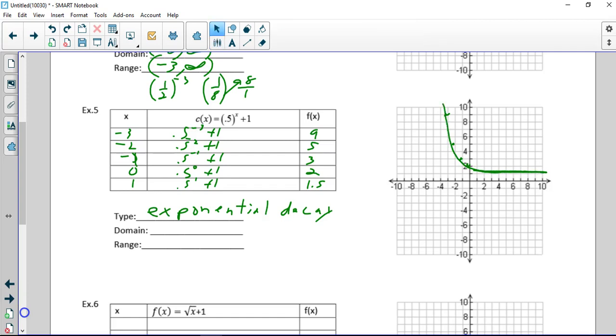Like we saw the other day, our graph looked very similar, but it was generally right about here. This time it's never going to hit the 1. So what's my domain? Again, it's going to go left and right forever. How low is it going to go? 1, but it's not going to hit it, so we use the parentheses, and upwards towards positive infinity.